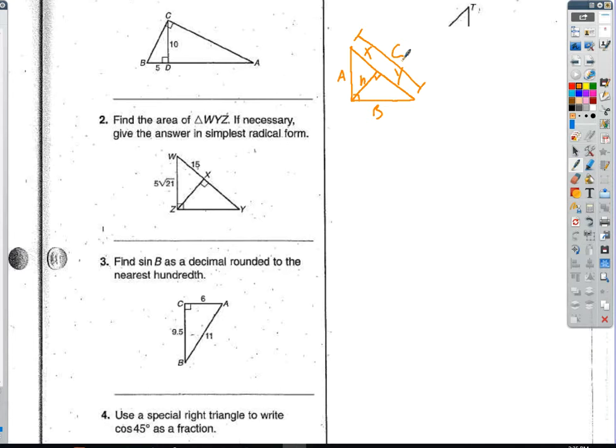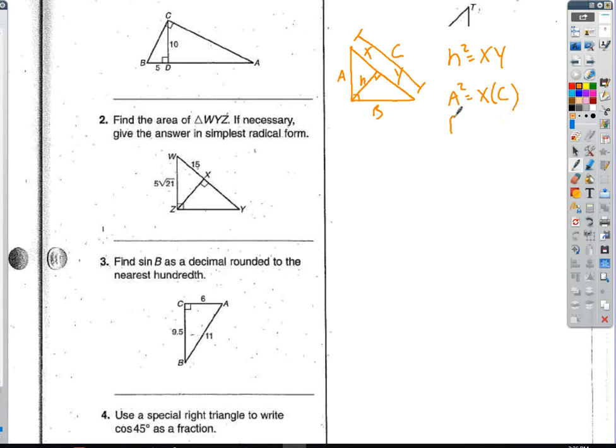So we have learned that the height squared is going to be equal to the product of the two segments of the hypotenuse. That is the geometric mean. We also have learned that a squared is going to equal the adjacent segment length, in this case x, times this whole c value.